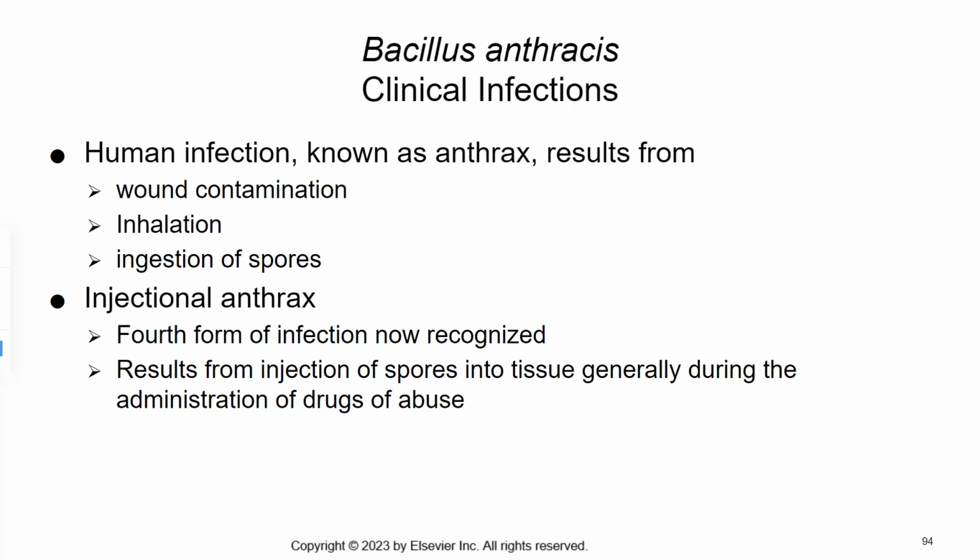So when a person works in a slaughterhouse and is responsible for tanning the hide of the animal, stripping the skin off the animal and tanning that hide, maybe to make leather, and they happen to cut themselves or get a puncture wound in their hand, the endospores from Bacillus anthracis can get in there and cause a cutaneous type infection.